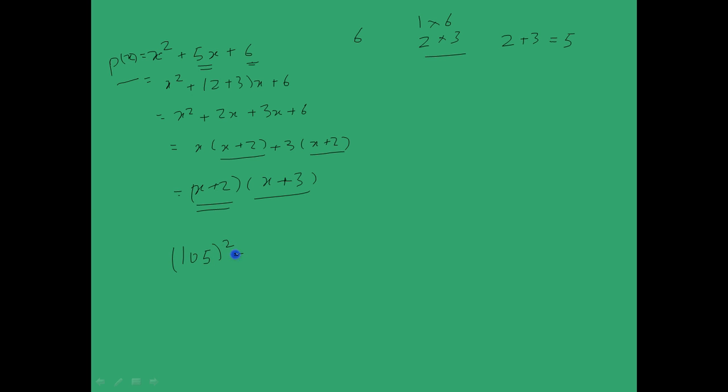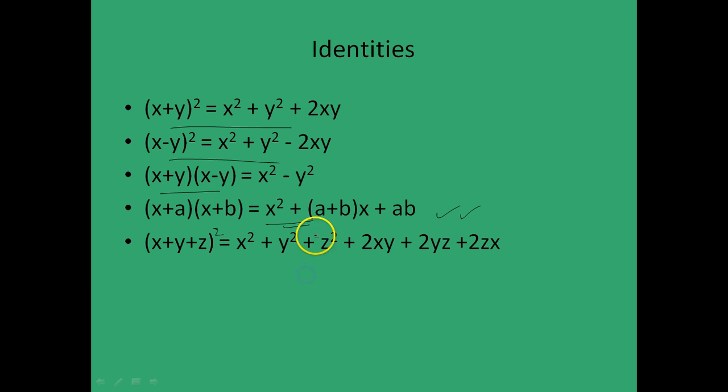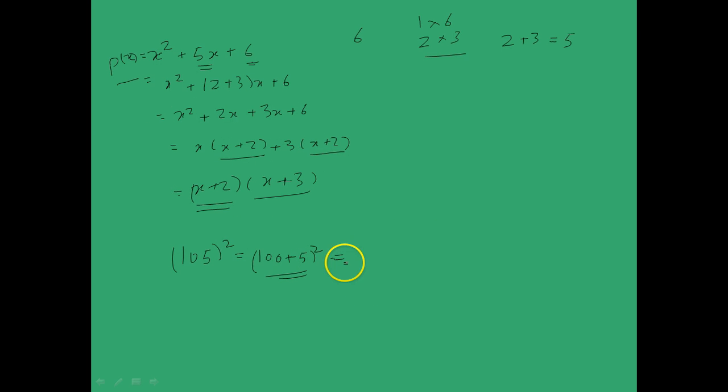Now this might involve a lot of computation, but another way to do this would be to write 100 plus 5 whole square, which can be simplified using this identity, so we can write this as 100 whole square plus 5 whole square plus 2 into 5 into 100.